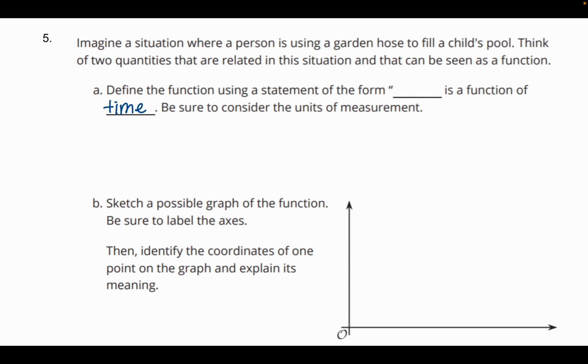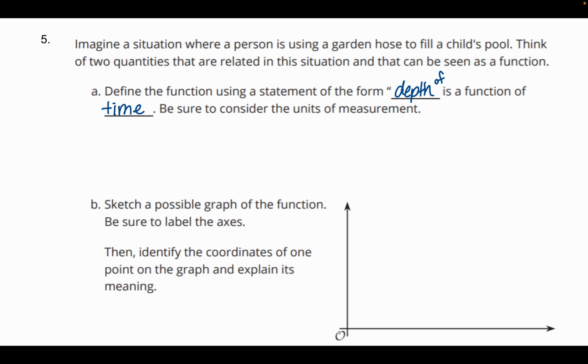So if you're filling up a child's pool, you can either think about this in volume. So you could say maybe it's gallons that are in the pool, or it's depth. So I would maybe say, I'm going to use depth, or how deep the pool is, how much water is in there, right? So we can say depth of water.